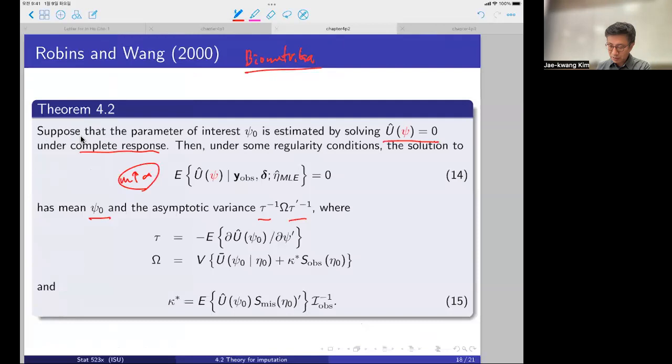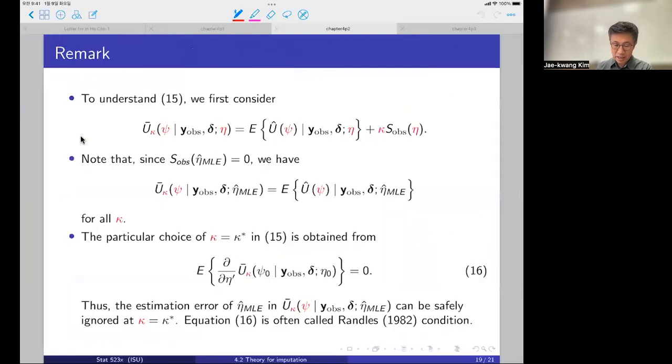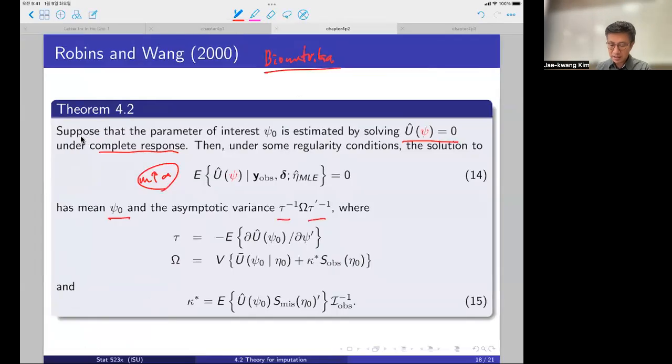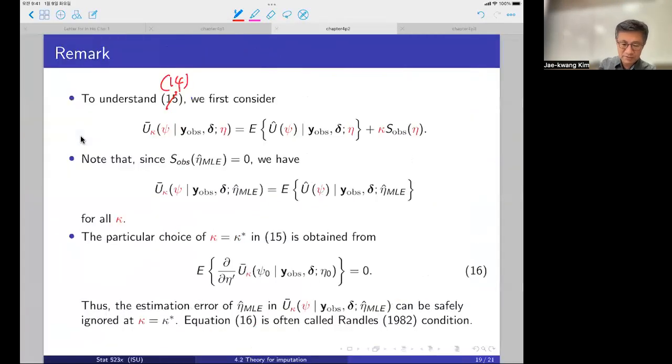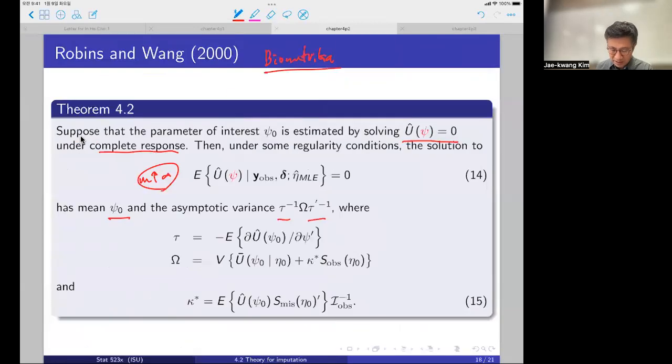So actually this is 14, no, sorry, 15 is correct. To understand this, it is a Taylor expansion. This is the linearized variance, and this is the partial derivative. The question is how we can obtain this coefficient.